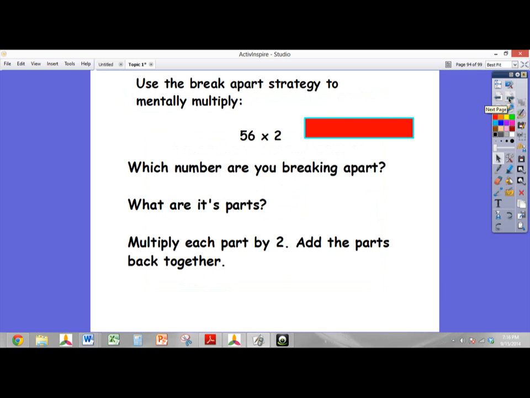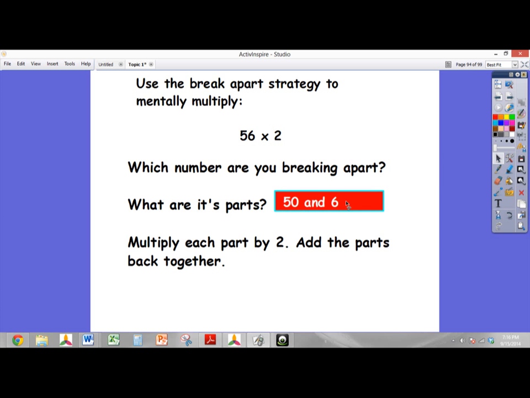Let's use a break apart strategy to multiply mentally. We're going to do 56 times 2. So think first, what number are you breaking apart? Well, of course, it only makes sense to break apart that 56. What are its two parts? It's got a 50 and a 6.